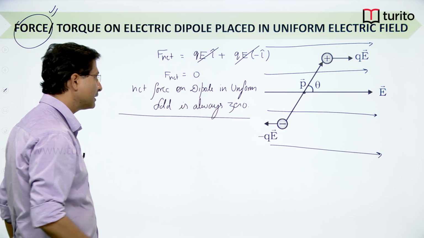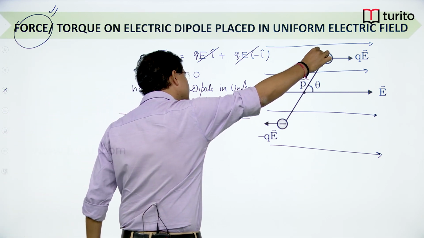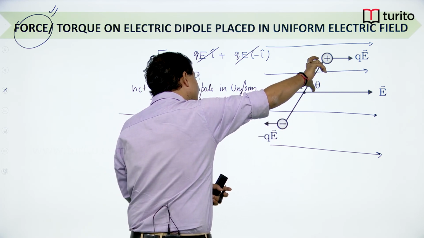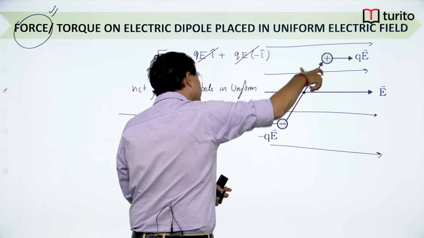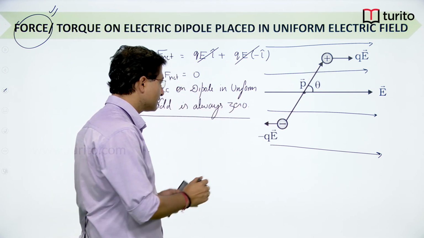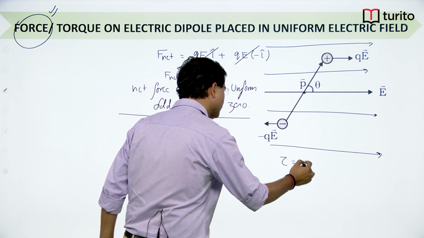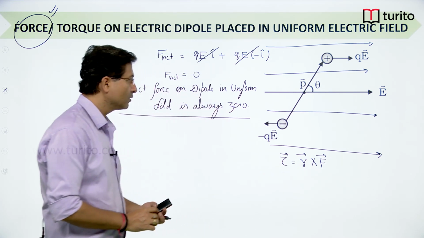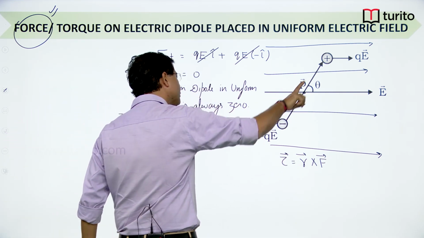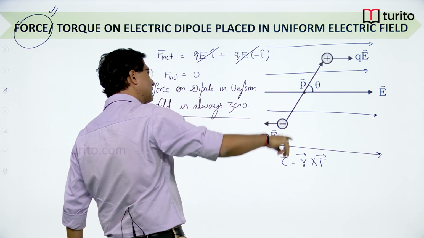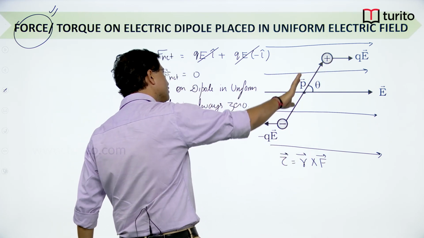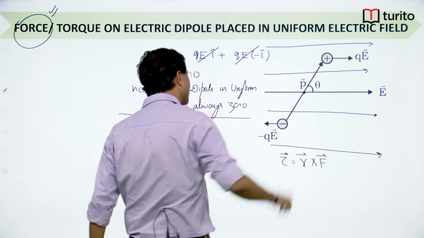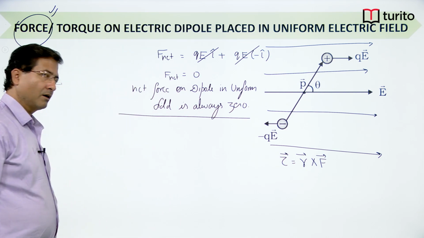So you can see that about the center, this force is trying to rotate the dipole clockwise. The formula is R cross F, R vector cross F vector. So with respect to this point, this is the position vector, this is R vector. Right hand rule, rotate R towards F. So R cross F, torque is coming inward and the sense is clockwise, right?